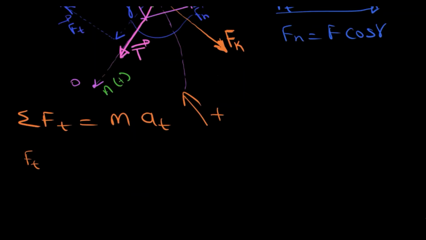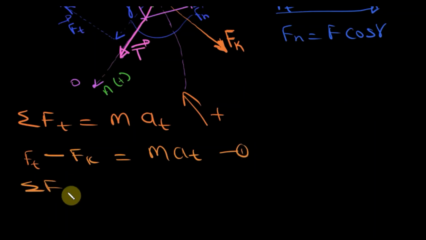So Ft minus Fk is equal to m At. From here we can evaluate our At from this equation. Let's call this equation 1.